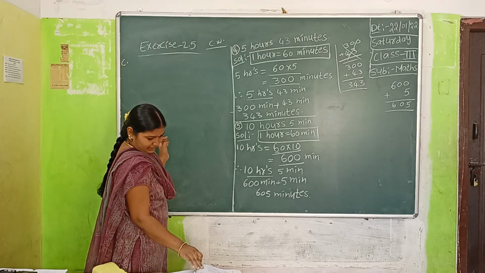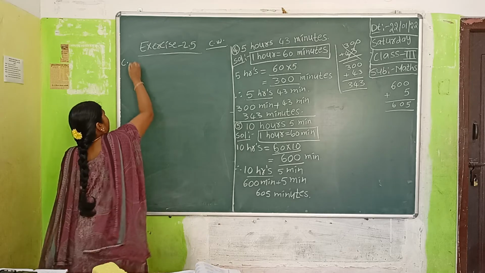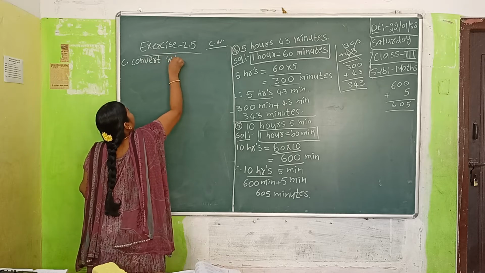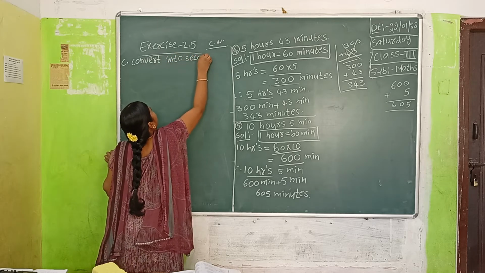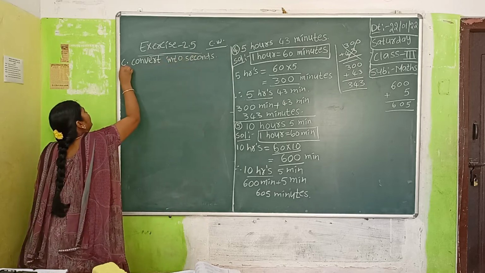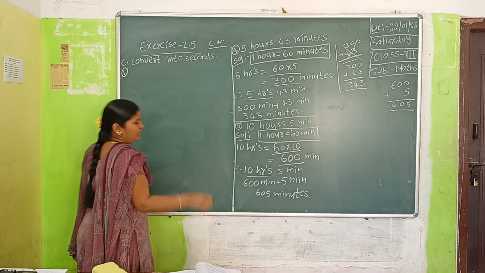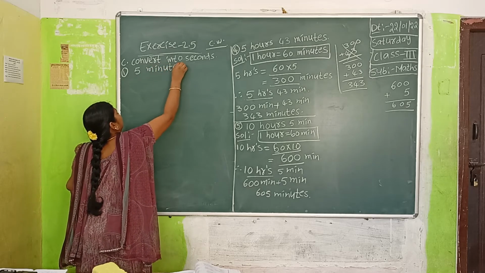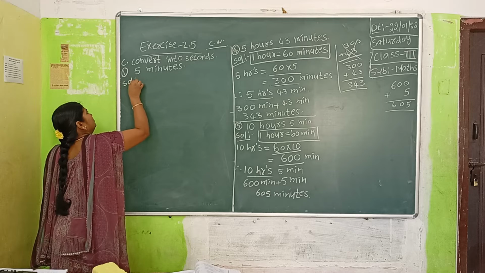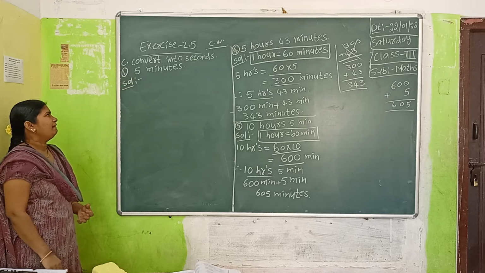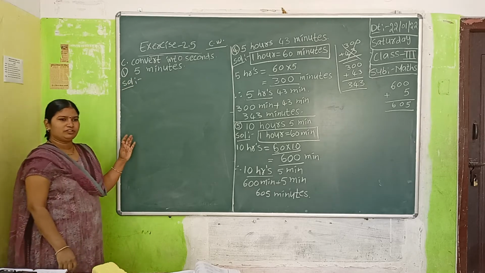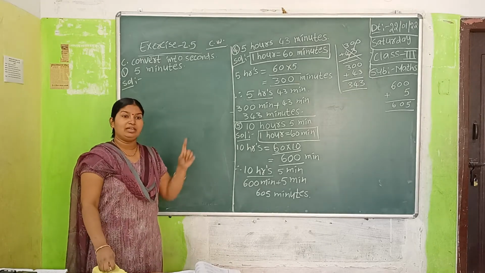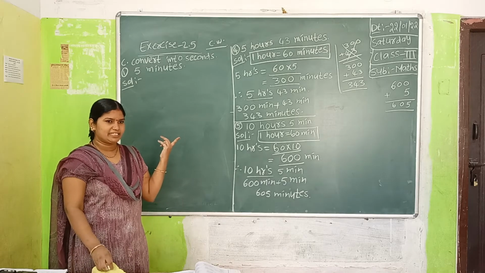C-bit heading is convert into seconds. They given first question 5 minutes. Here you have to use the formula for minutes and seconds. We know that 1 minute equal to how many seconds?